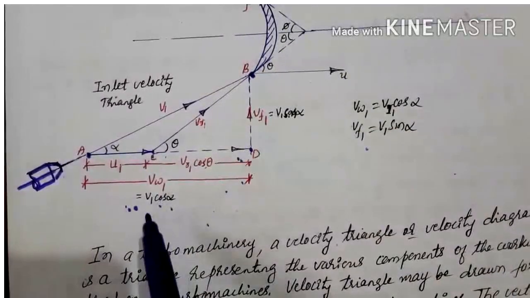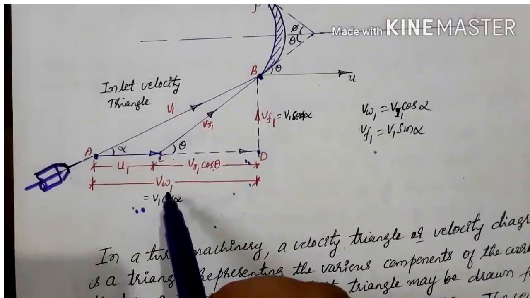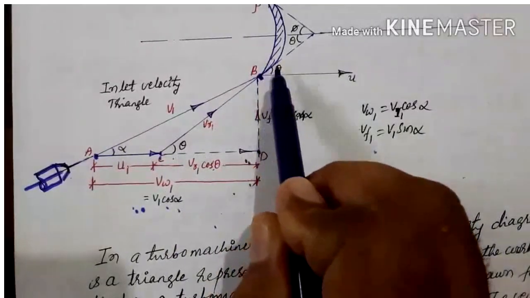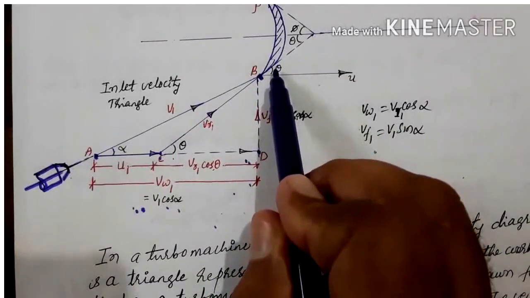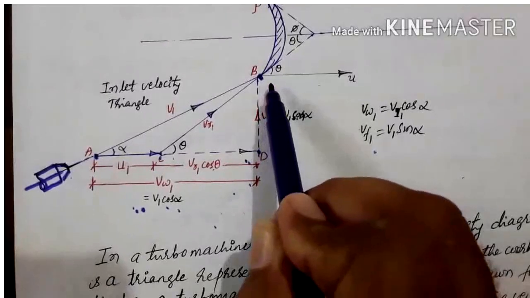Now this VW1 is the whirl velocity at inlet, and because of this velocity the vane gets rotary motion, and because of this velocity the fluid enters into the blade passage.